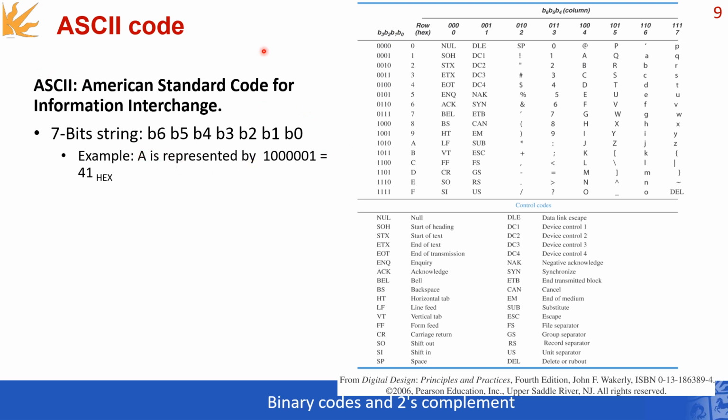Let's take the character A. Now, character A is in this position in the table. This means that the 3 most significant bits should be 1, 0, 0, or in hexadecimal, 4.